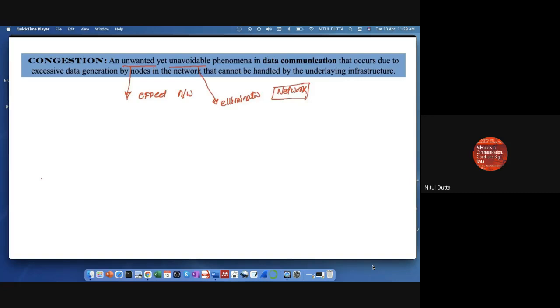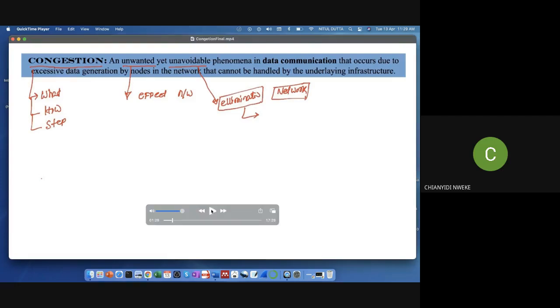In this video, we want to explore what congestion actually is, how it occurs, and what the steps are to avoid it. Since it cannot be totally eliminated, we can minimize or reduce it.